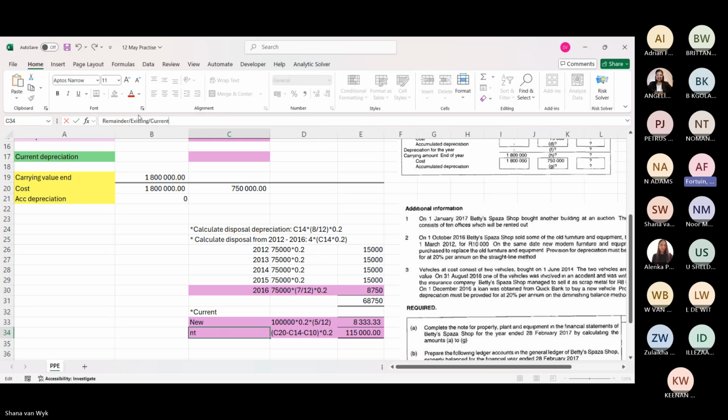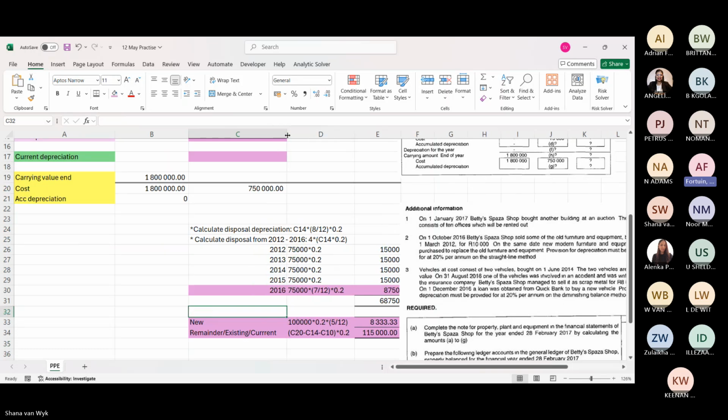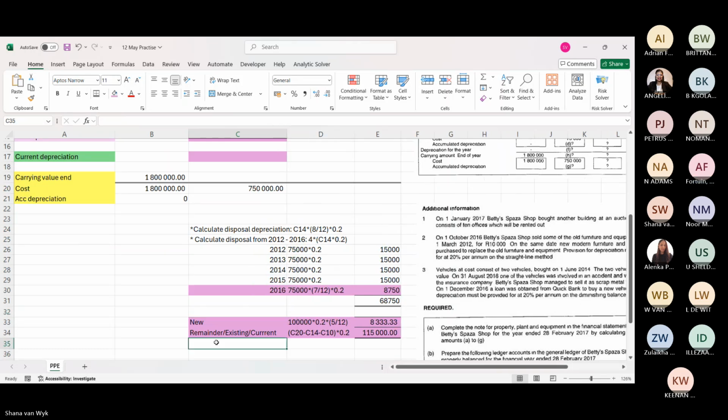No, not current. We've got new, or slash current. Then just delete that current there. So we've now got our new, our existing, and our sold. Just put sold there by the top one so that everybody knows. We've already got the sold. There we go.